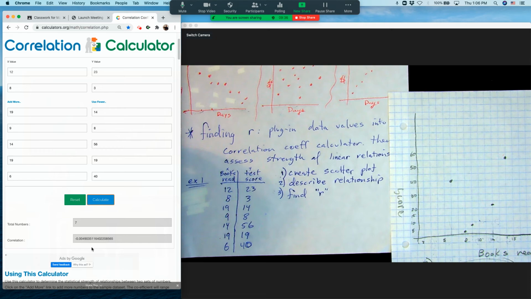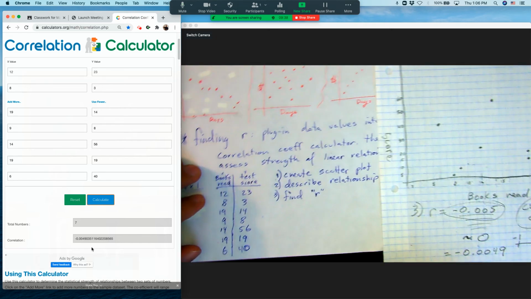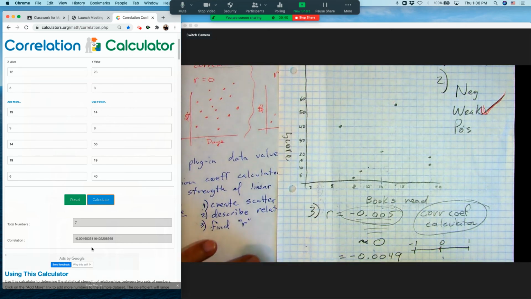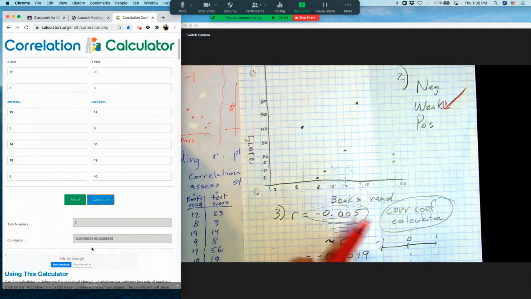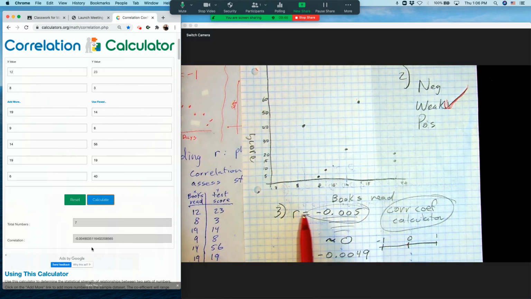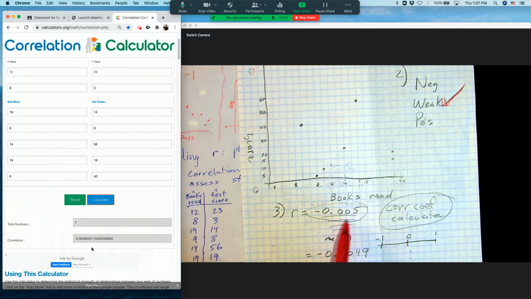Oh, that's nice. So what we just figured out was, for this data, this scatter plot, we end up with an R value. Because it was negative 0.0049, I rounded that to 0.005. The reason it's fine to round for this problem is that it's so close to 0.